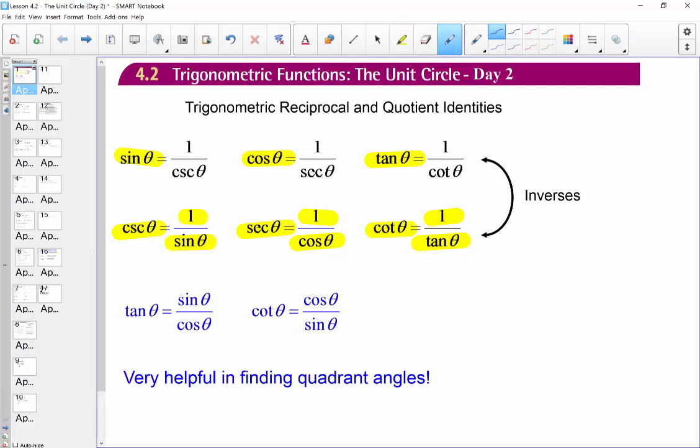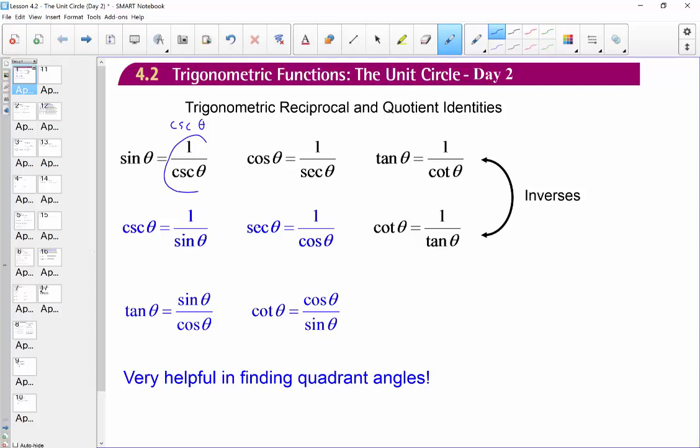Since the first row of functions is the inverse of the second row of functions, and vice versa, given a function, we can find its inverse. So for example, if we were given the cosecant of theta, we could find its inverse, the sine of theta, simply by taking the inverse of the cosecant of theta.